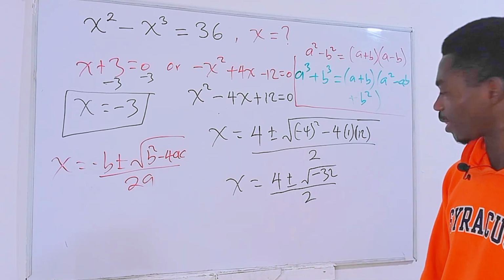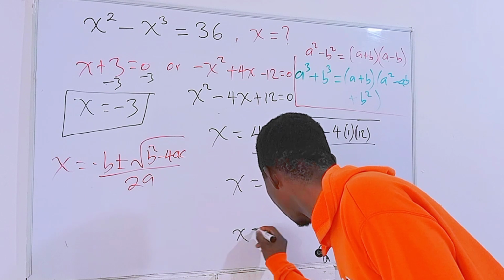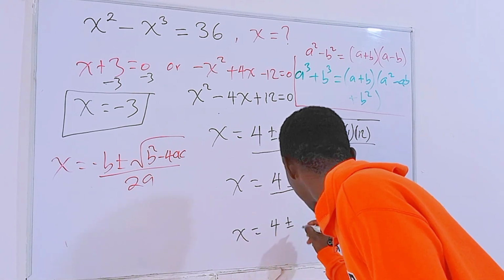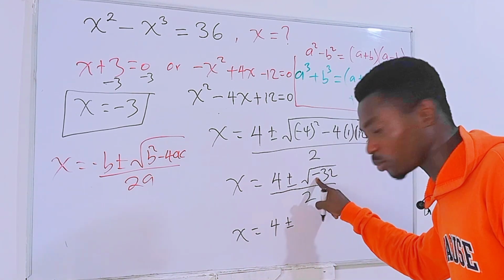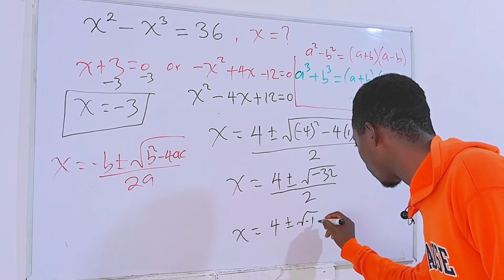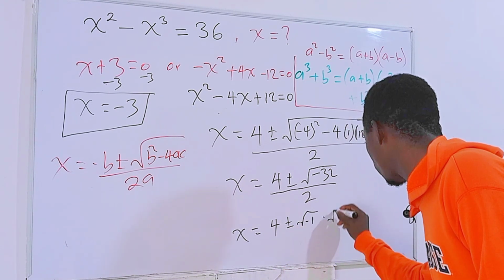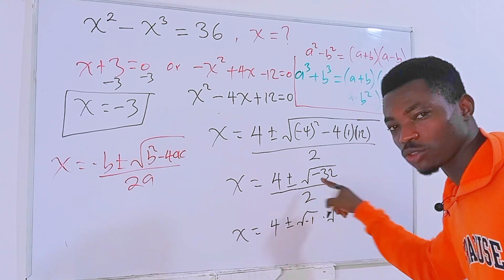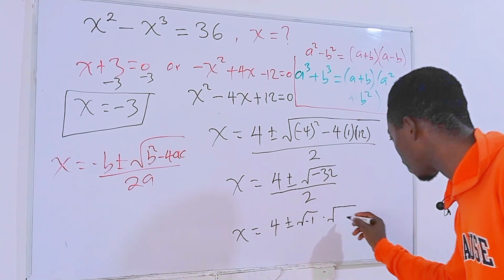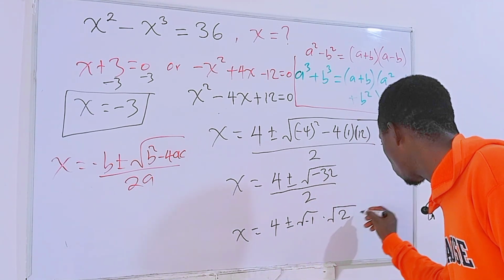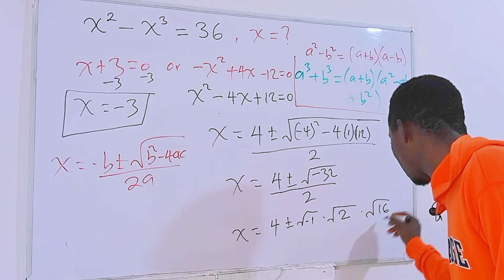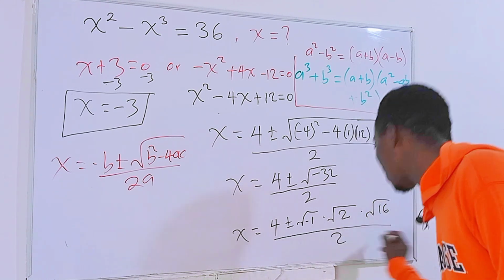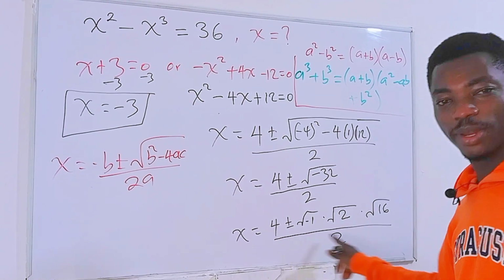Actually, we can also break this down because we have x is equal to 4 plus or minus square root of negative 32, which is the same as square root of negative 1 times square root of 32, and square root of 32 itself is the same as square root of 2 times square root of 16, all divided by 2.